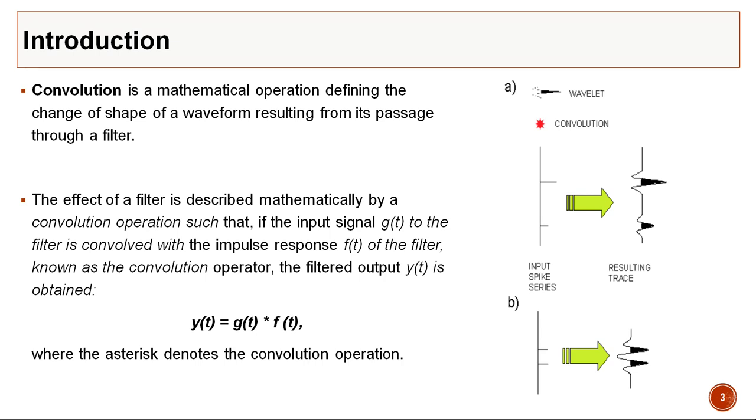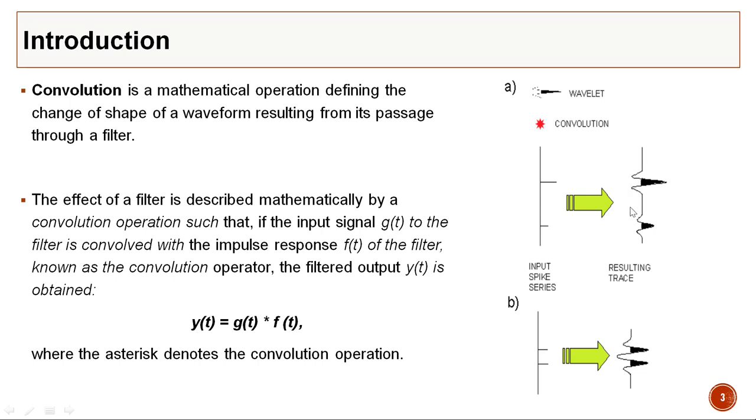Okay, so basically convolution is defined as a filtering operation of one waveform or the filter over the other. The resultant will be a change of shape of a waveform. As you can see on the right, a source wavelet is convolved with a reflectivity series with two spikes.